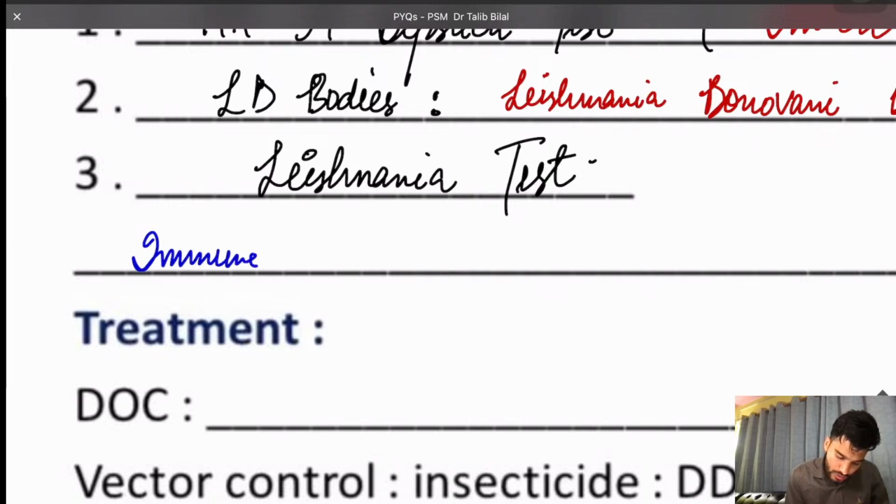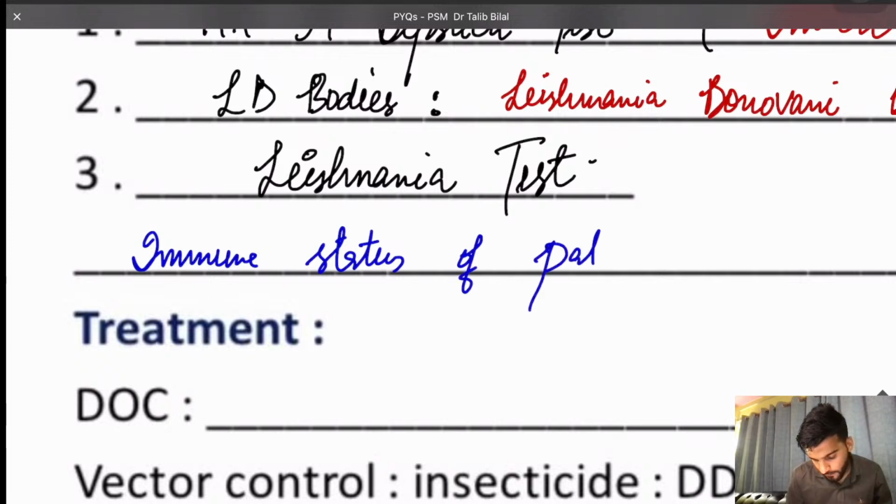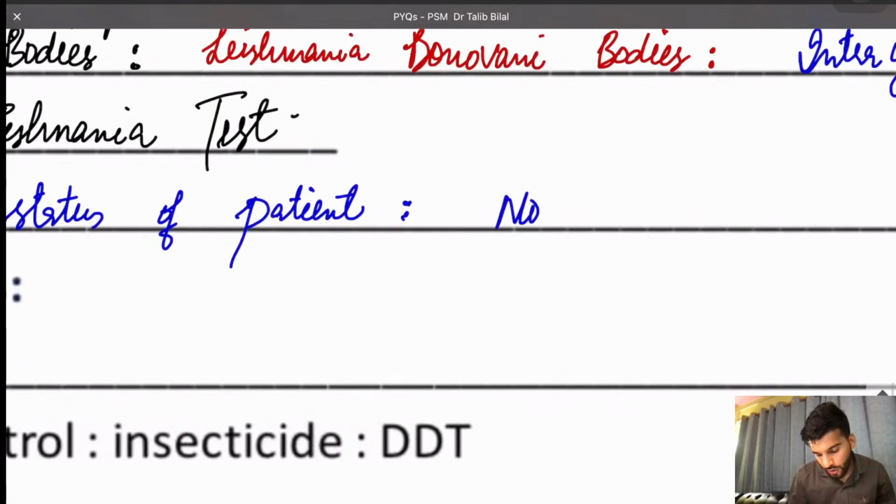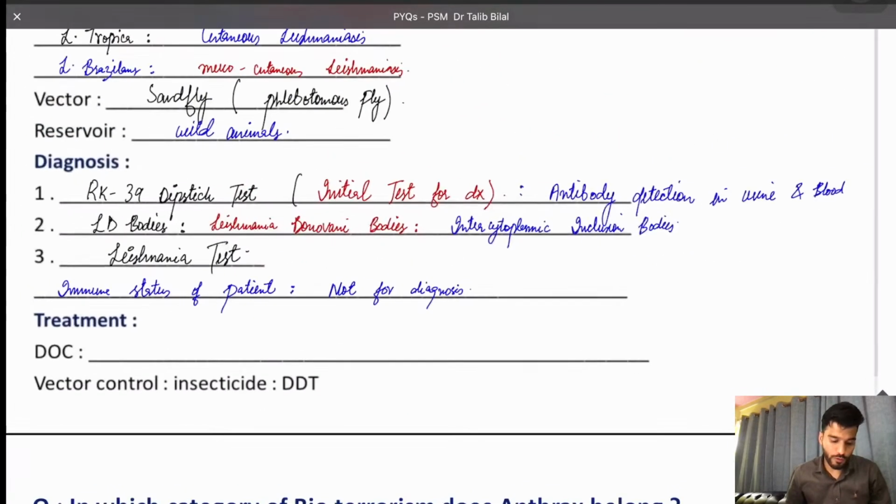It will just tell us about the immune status of the patient. Remember, it's not for diagnosis.